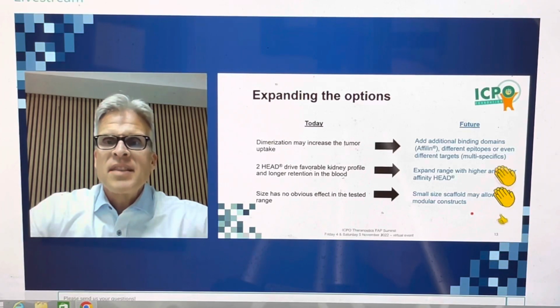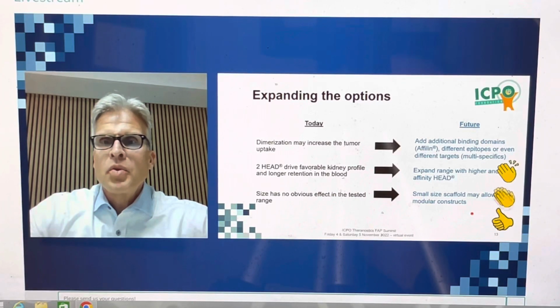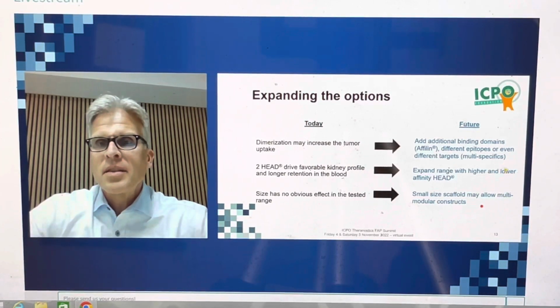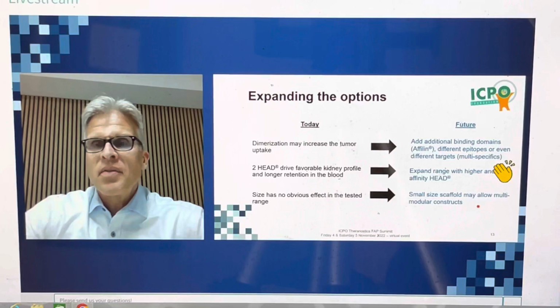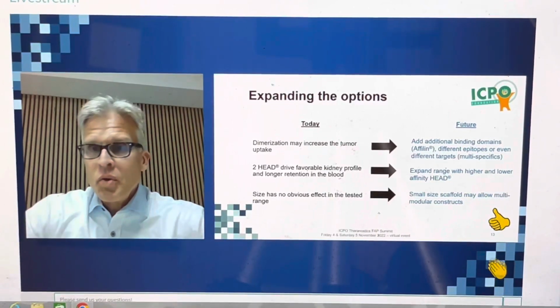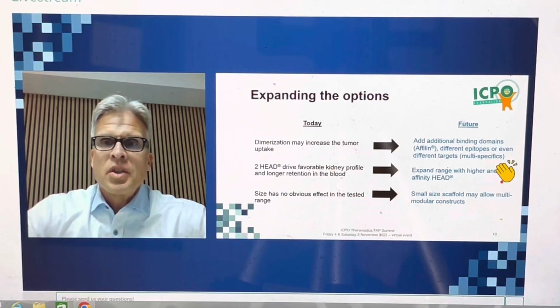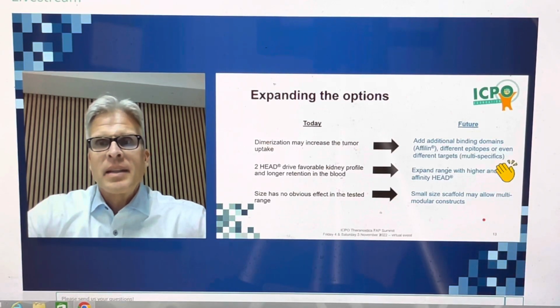And in terms of size, I think the good conclusion here is that at least in the range that we've tested here, there's no detrimental negative effect. So you could actually use all these building blocks to achieve what you want to achieve for your ideal ligand.